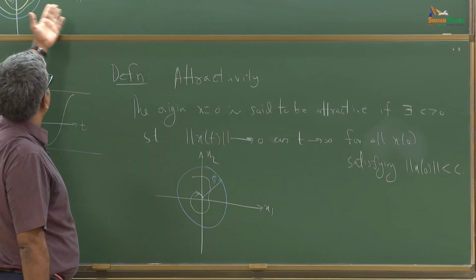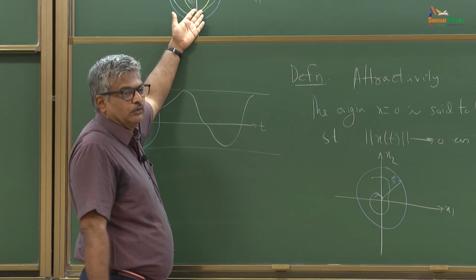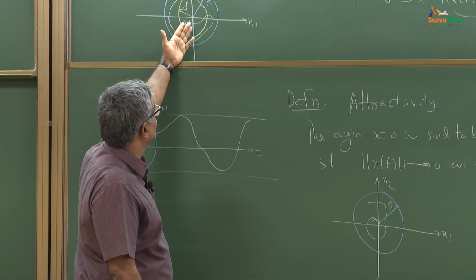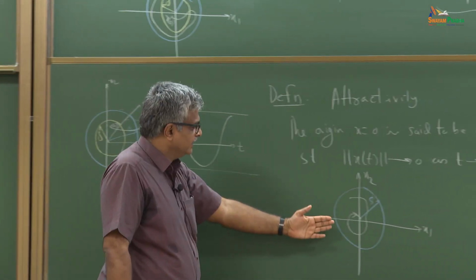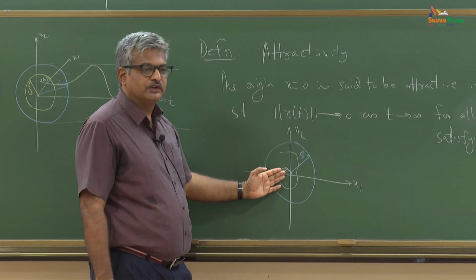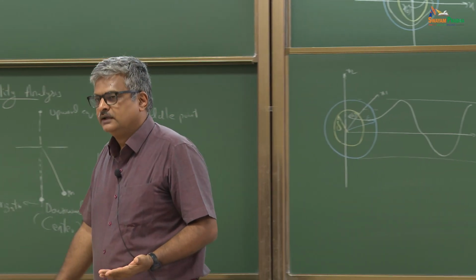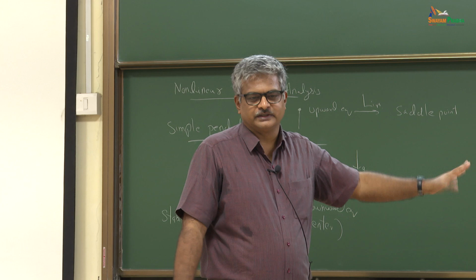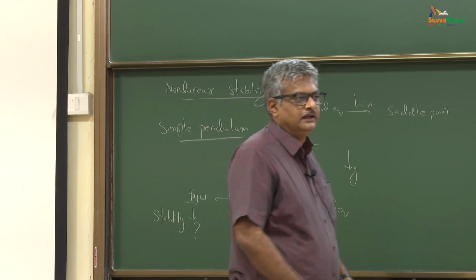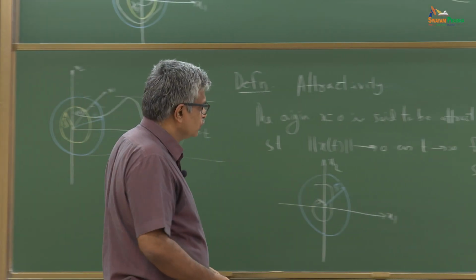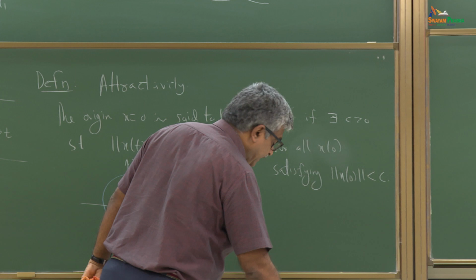Here I was required to only stay in the epsilon ball. There was no requirement to go to the origin. But here eventually you are going to the origin. So you are tempted to say that this is a stronger notion of stability, right? And the answer is no.